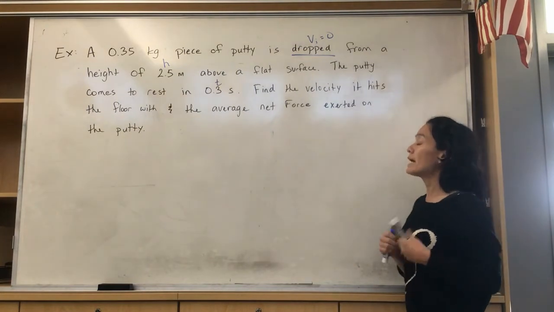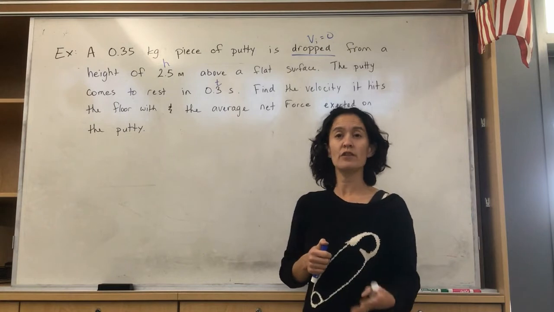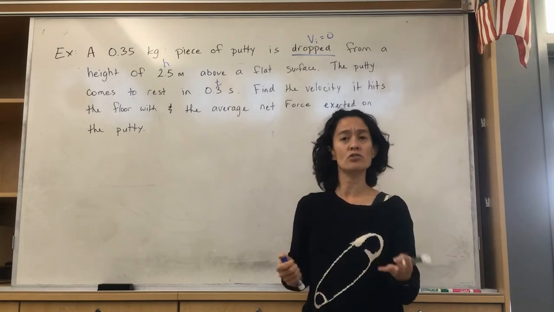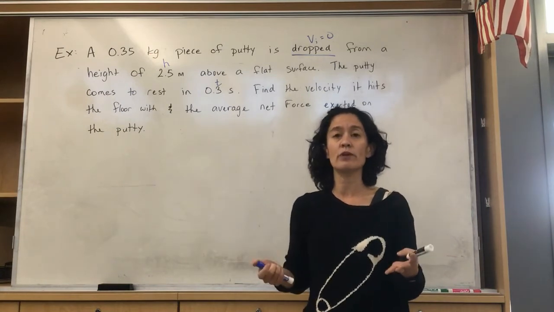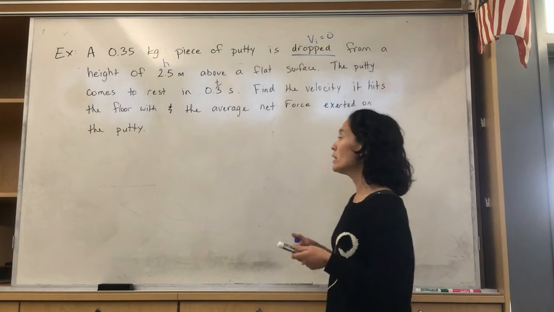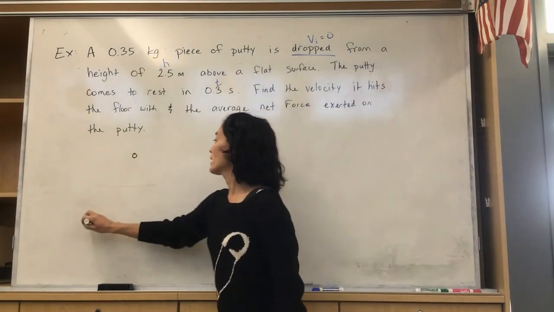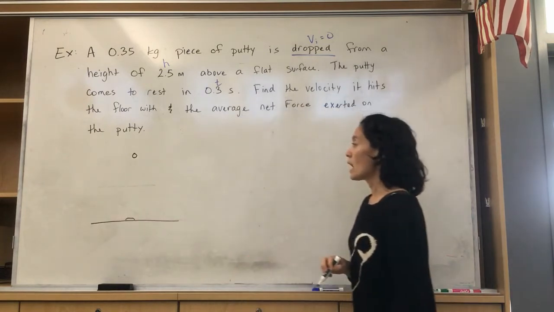Anytime you are asked to find the velocity of something, the first thing you should think of is energy. Can I use kinetic energy to solve this problem? Because energy is nice and easy in that it doesn't have a direction. If we think about this, our putty starts here and ends up there, and we know the height.